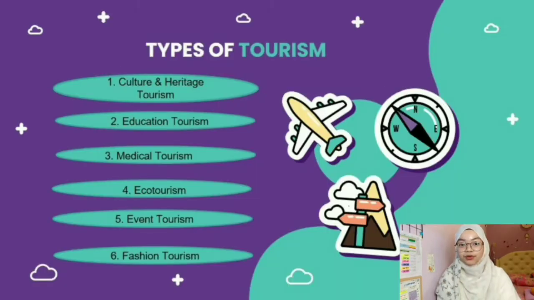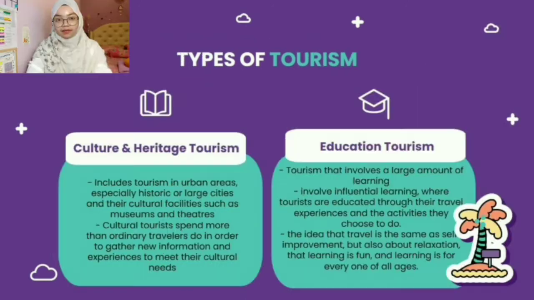We will proceed to types of tourism. There are many types of tourism in the tourism industry, but I will highlight some of them. The first type is culture and heritage tourism. Culture and heritage tourism includes tourism in urban areas, especially historic or large cities with facilities such as museums and theaters.